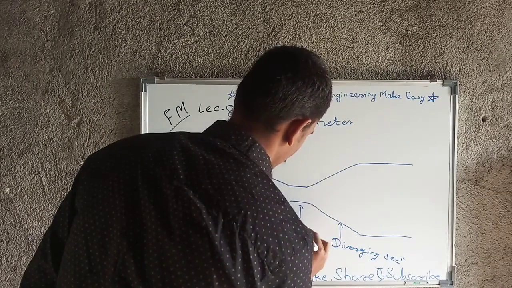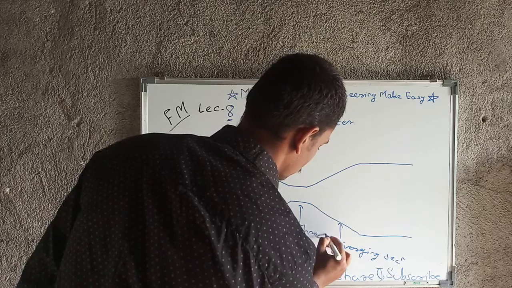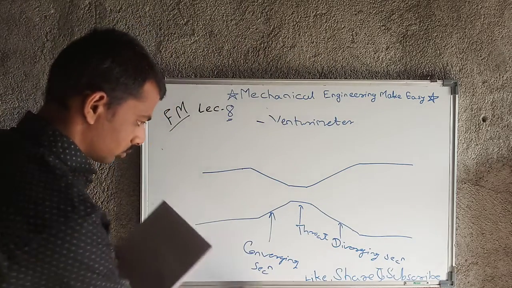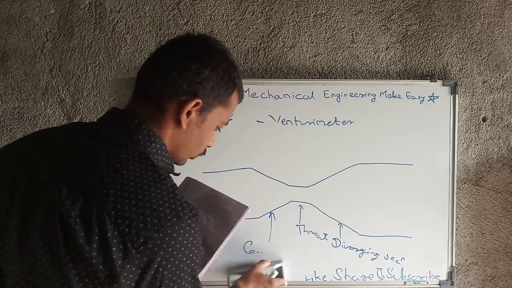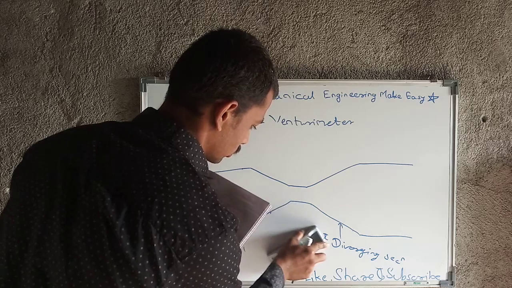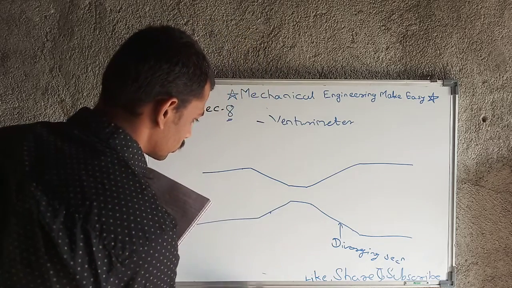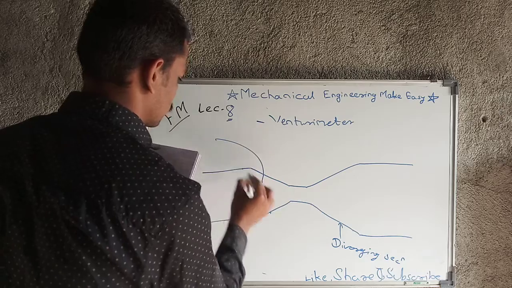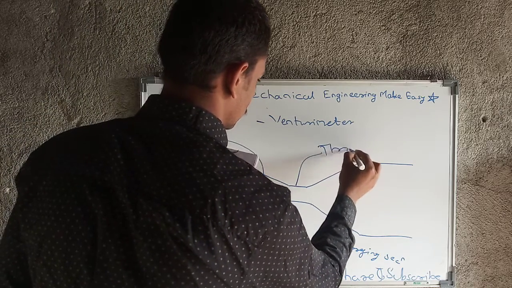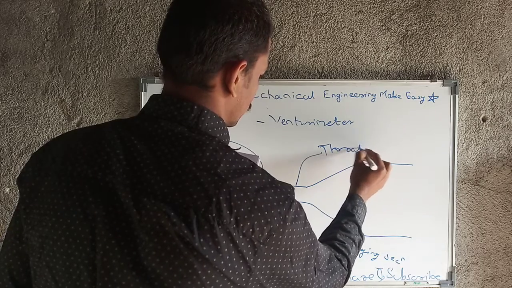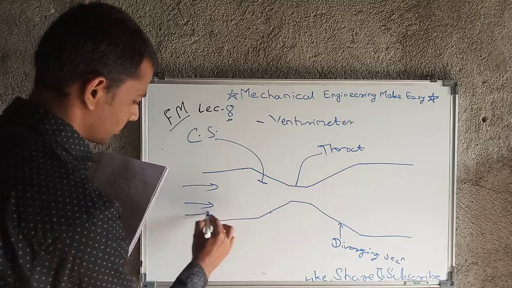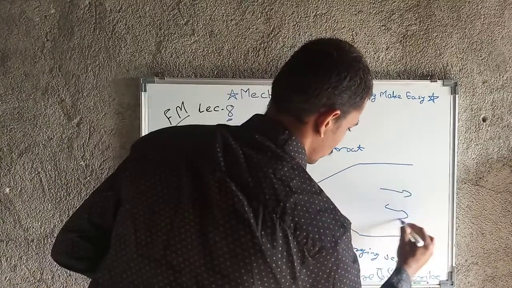And this is the throat. Sorry, but I have to remove these names because I have to draw some things here. Converging section, this is the throat and this is the diverging section. Okay, and flow is passing from this direction to this direction.